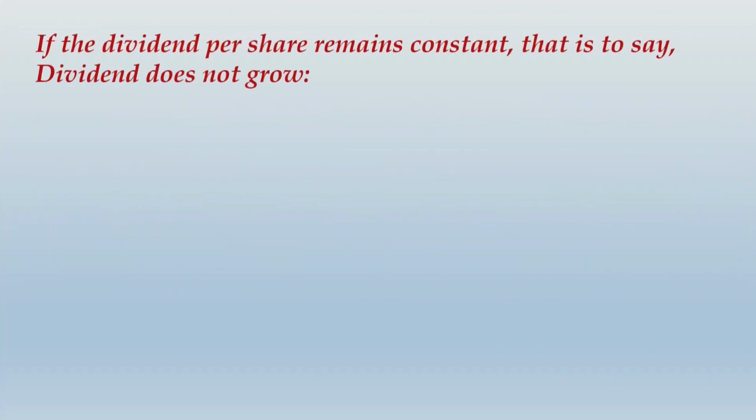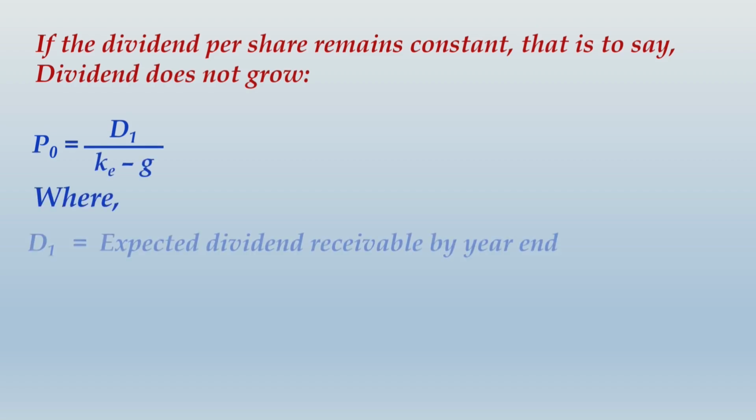Look at this. First scenario, if the dividends per share remain constant, that is to say dividends do not grow, P0 will be D1 divided by K minus G. You define these variables. D1 will be the expected dividend receivable by year end, that is continuing to be $15. Why? Because there is no growth in dividend.